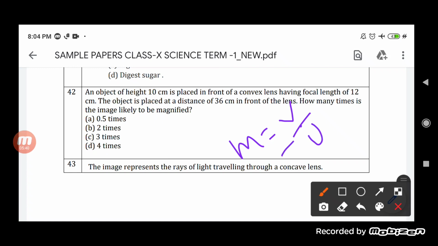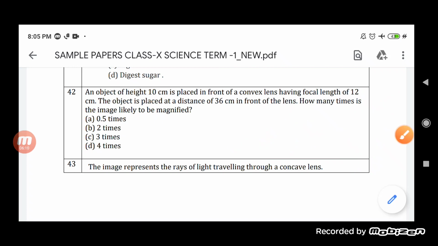The value of v given here is 18, and that of u is minus 36, and minus and minus will cancel each other. So the value of u is 36, and this will be equal to 1 by 2, or we can say 0.5 times. So the answer will be 0.5 times. Okay, so this is how we can find the value of the magnification here.